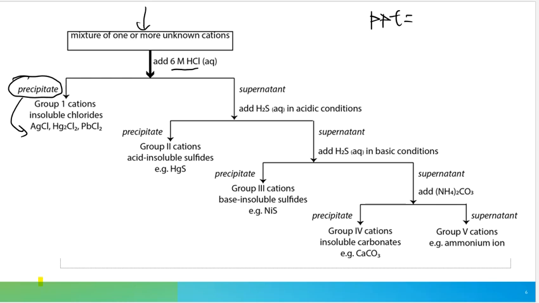That precipitate had all of what we called group 1 ions. That acid addition could be a general identification test 191 step, because that acid will precipitate out silver chloride, mercury 2 chloride, and lead 2 chloride, because I see all of those chlorides over there.